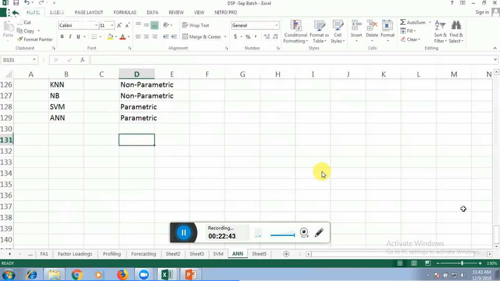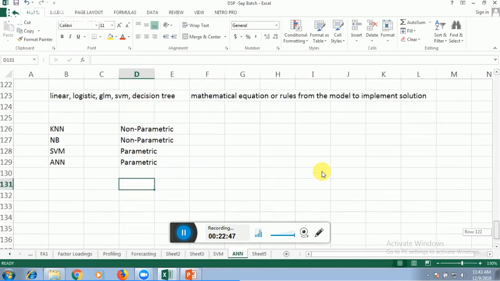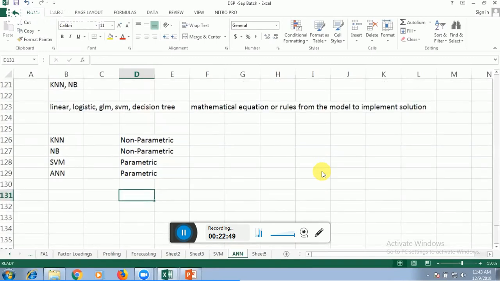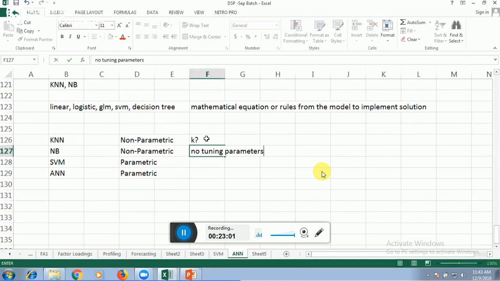When I say non-parametric, you will not have an optimization as such, like a cost function. So what do we need to find out here? The K value. In this case the tuning parameter is K. And here there are no tuning parameters.